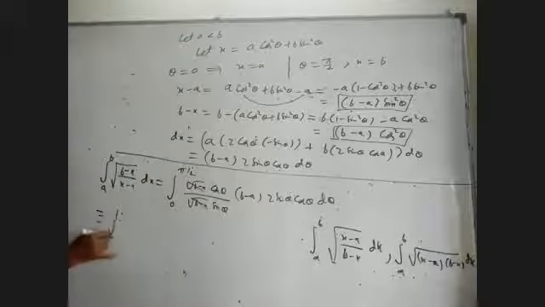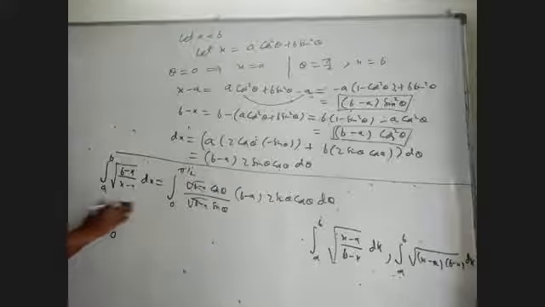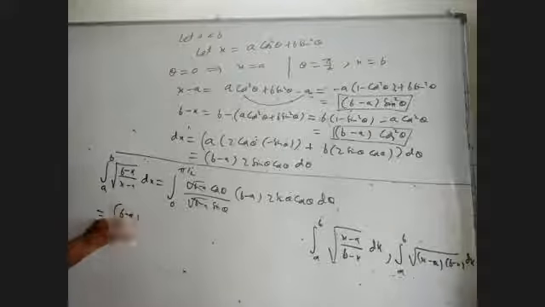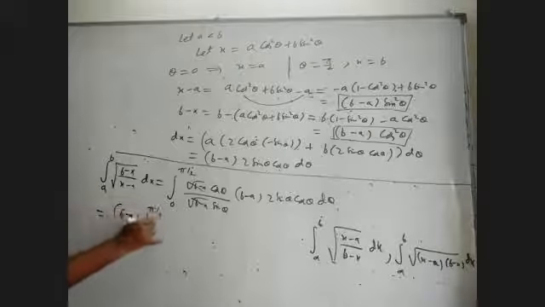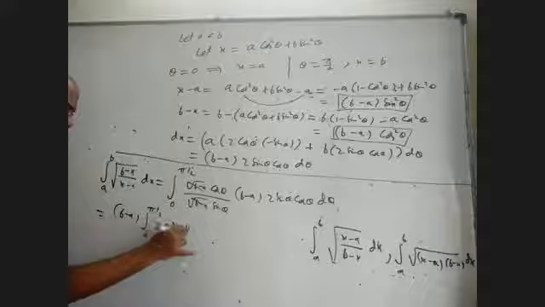So I can write 0 to pi by 2, b minus a into 0 to pi by 2 cos square theta.